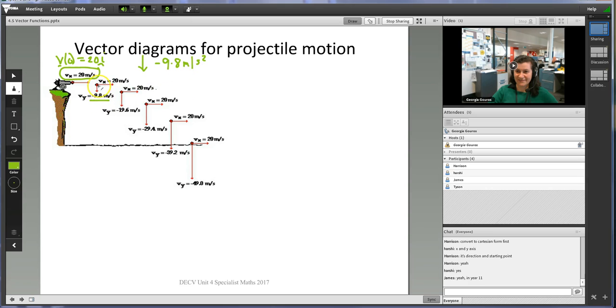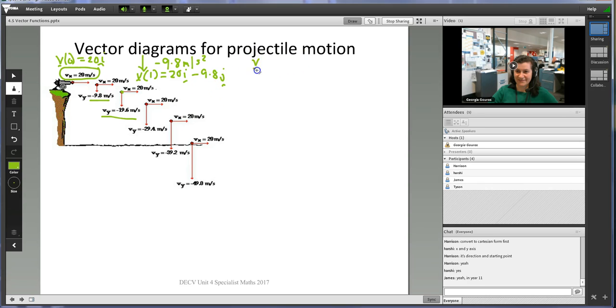So after 1 second, the vertical velocity is negative 9.8 meters per second. The horizontal velocity is still the same, 20 meters per second. So at t equals 1, the velocity vector looks like 20i minus 9.8j. At t equals 2, the vertical velocity has decreased by another 9.8 units.